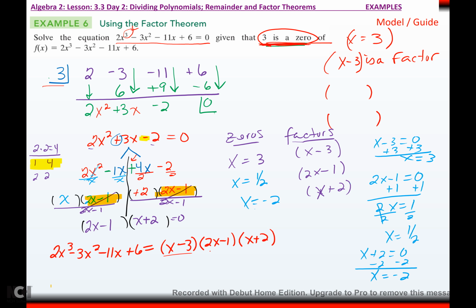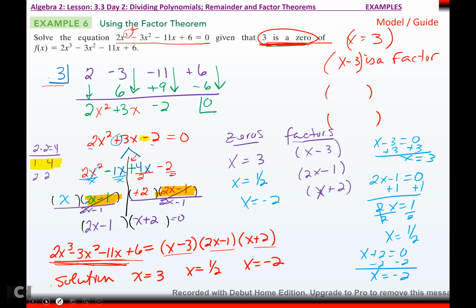If you multiply these 3 together, you will get this polynomial back. I also know that the solutions, in other words the x-intercepts, where this function crosses the x-axis, are at x equals 3, x equals 1/2, and x equals -2.